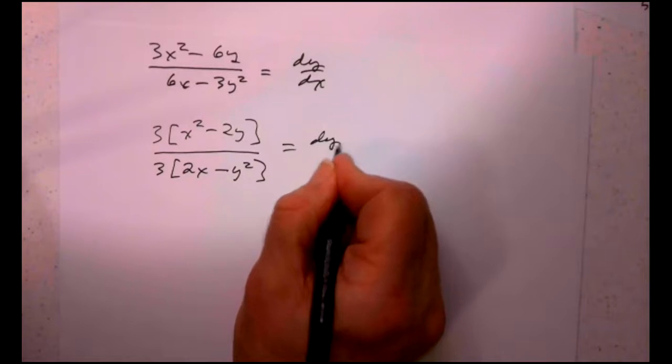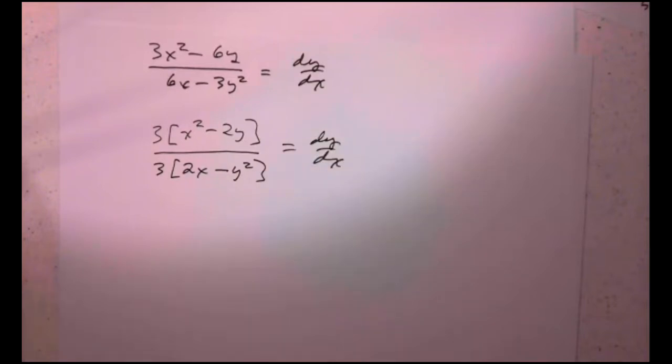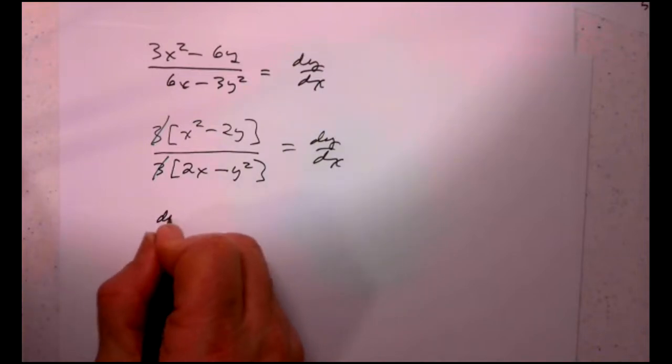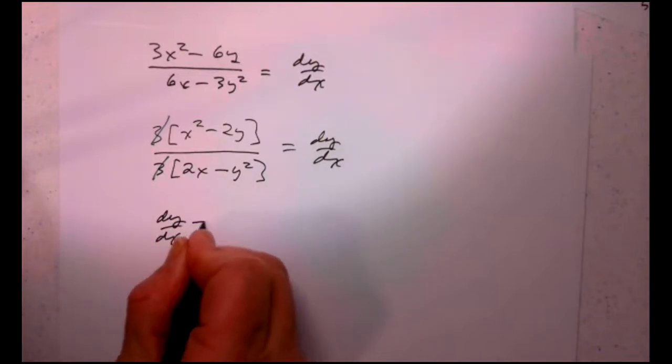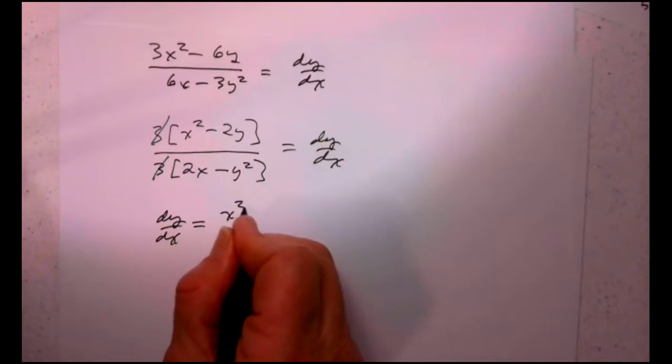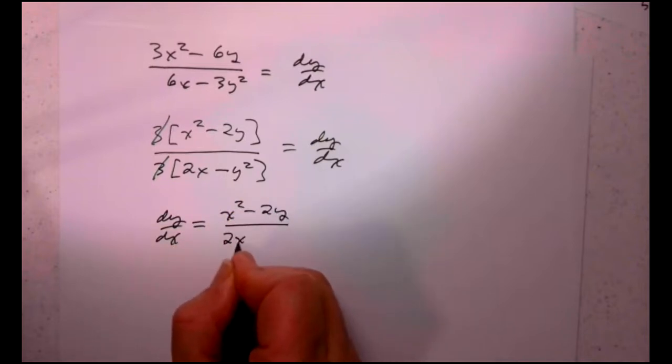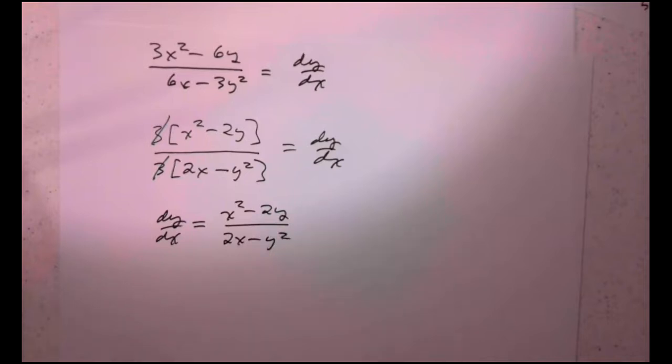So you'll notice the 3's divide out, and we get dy/dx equals x squared minus 2y over 2x minus y squared.